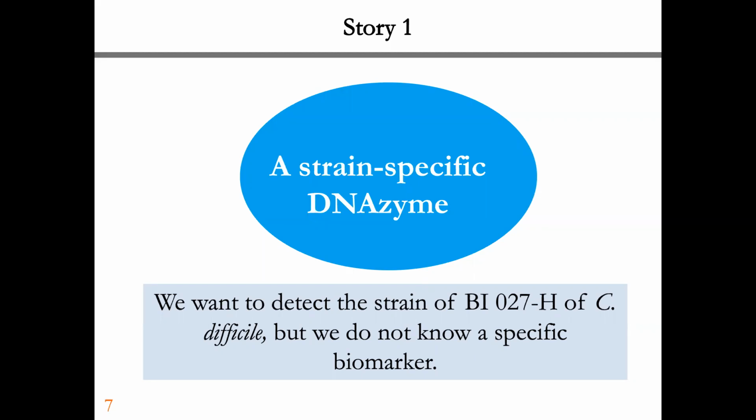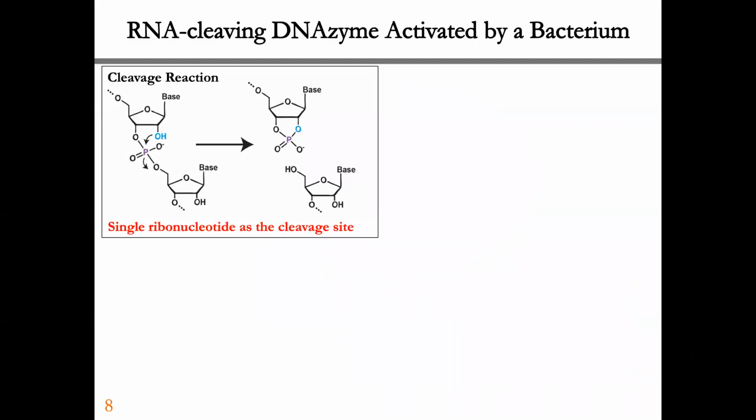She said the current lead right now is to identify specific strains of C. difficile. She gave us a strain called BI027H. H stands for isolated in Hamilton. She wanted us to see if we can get a probe that recognizes this. But at that time, we had no idea where to start because we did not know a specific biomarker for it. But fortunately, we had already developed a method that does not require a biomarker to get a specific sensor for a bacterium.